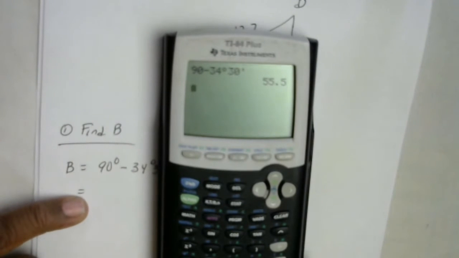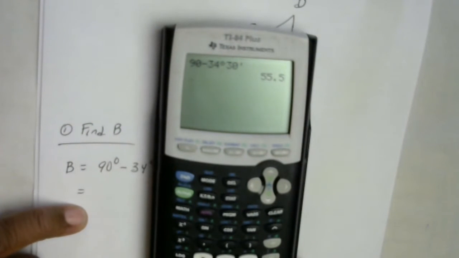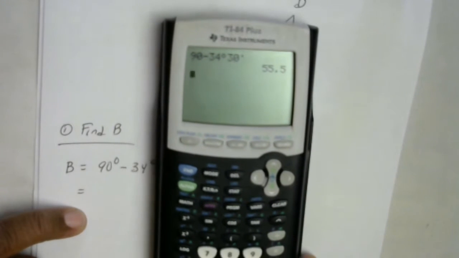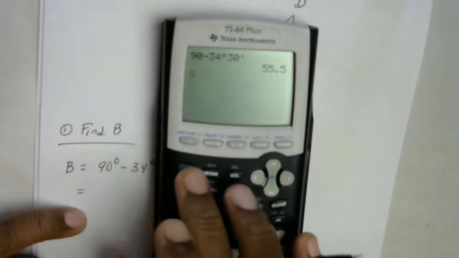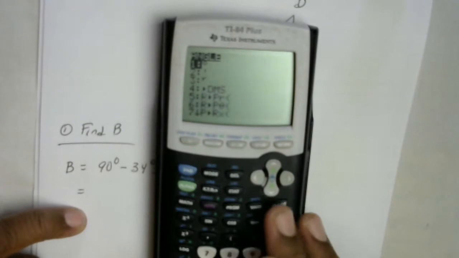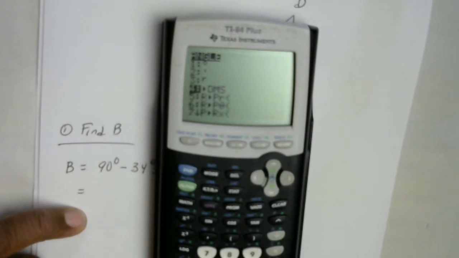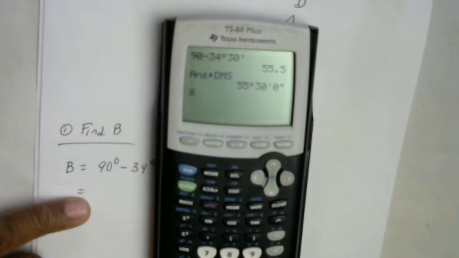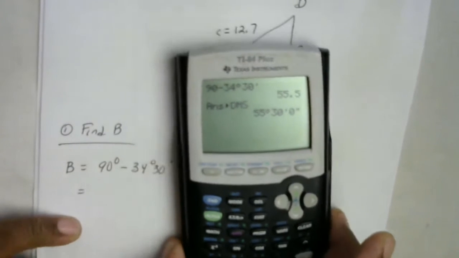Notice that it gives us 55.5. We can convert this to degrees, minutes, and seconds by going back with an angle. My fourth option is the DMS option, and we have 55 degrees, 30 minutes.